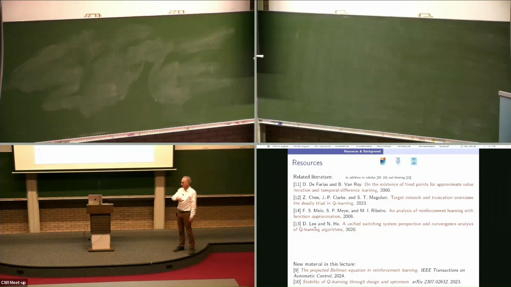Now, motivated by Aditya, because it's terrible not to give some other background. Related, number one, is a paper by De Farias and Van Roy that I wasn't aware of until after I'd submitted my projected Bellman error equation paper. They have this paper with a terrible title, Approximations of Fixed Points for blah, blah, blah.